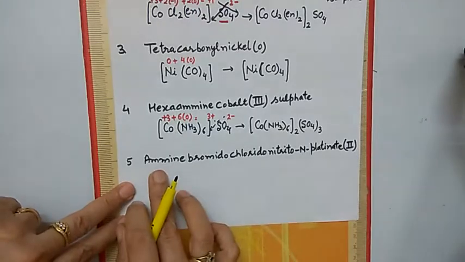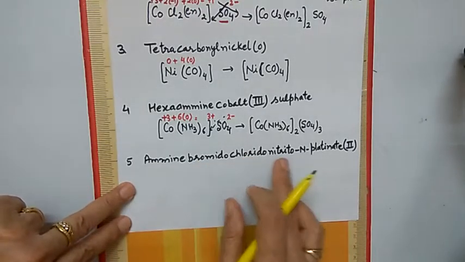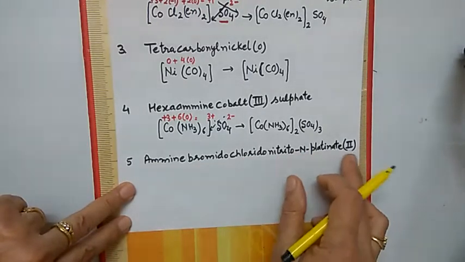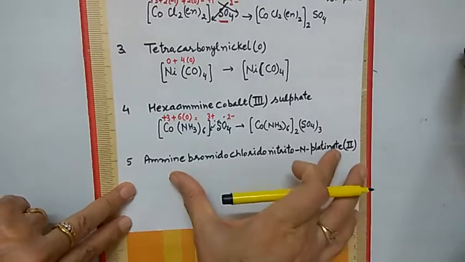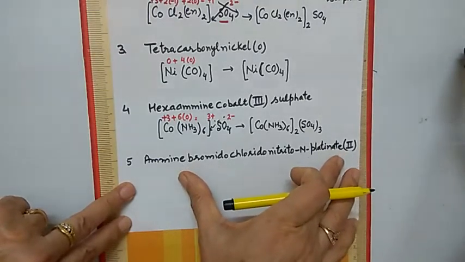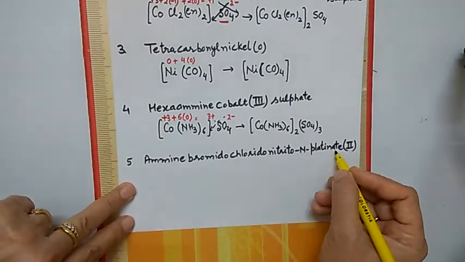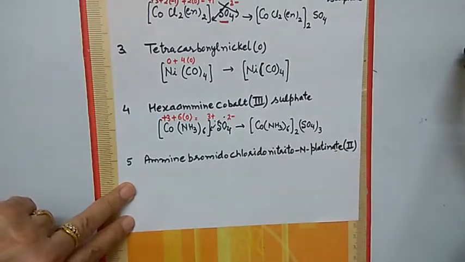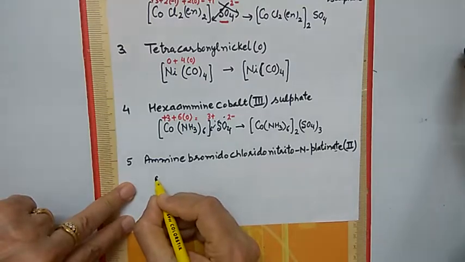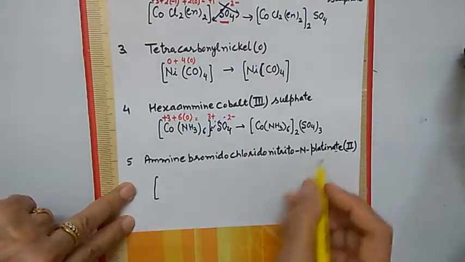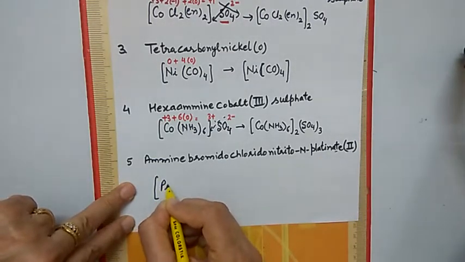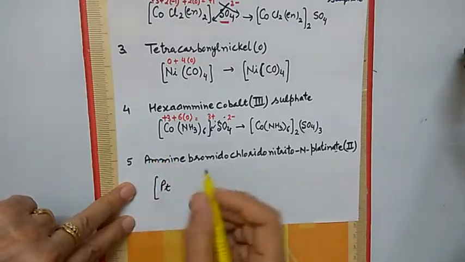Next is ammine, bromido, chlorido, nitrito-N and platinate. It is a complex ion carrying negative charge, because at the end of the name of the metal we have ate. So we start with the bracket. The symbol of the metal, that is platinum. Now start with the ligands.